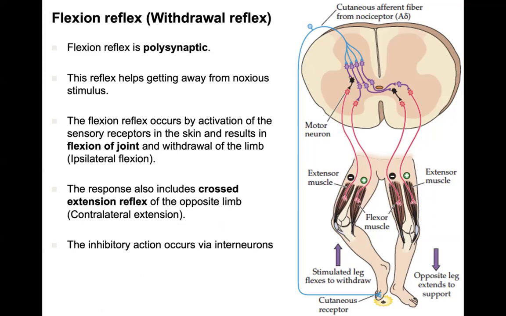So now I hope you get an idea of the reflex arc, or reflex circle, which includes again sensory receptors, sensory neurons, the motor neurons, and then the affected muscle. So those are the components of the reflex.